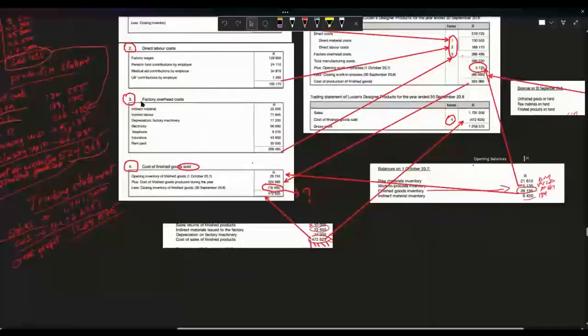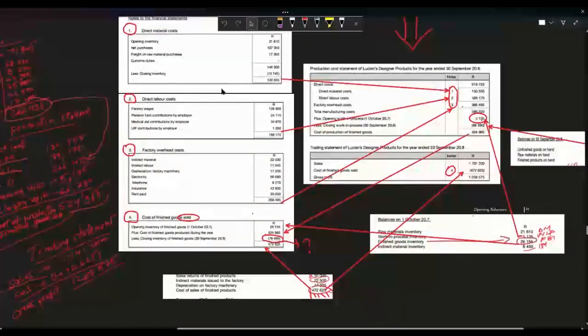So another thing here, if I can add, is number 4. Number 4 is the cost of finished goods sold. If you can see here, look at the cost of finished goods sold. The cost of production of finished goods is not the cost of finished goods sold.